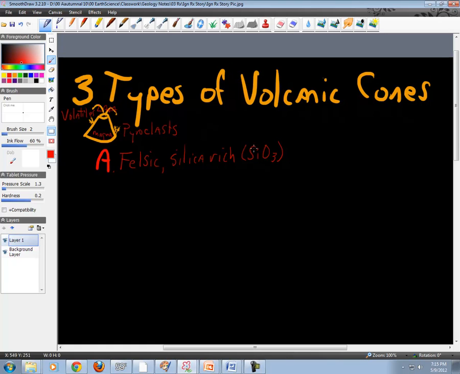But silica rich magma tends to be the thickest kind, the thickest form of molten rock, which basically means it's the most viscous. Viscous means resistance to flow.